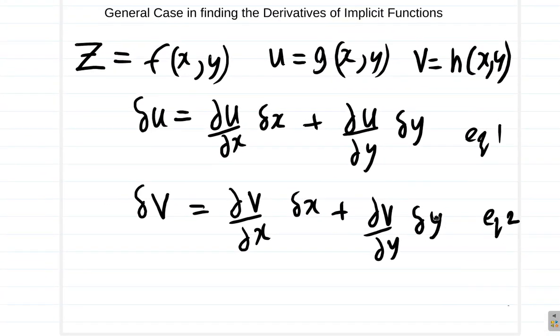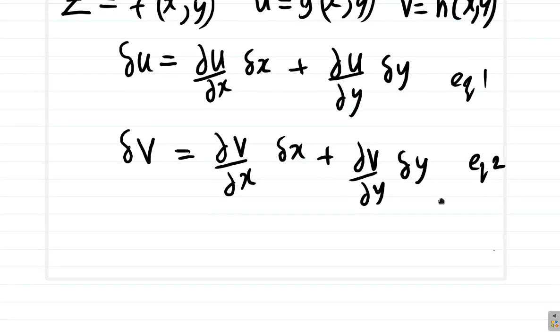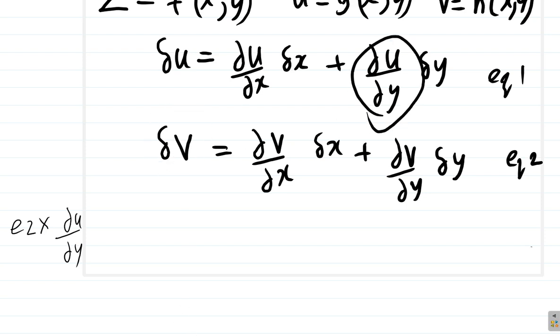Let's deal with this part now. Equation 2, let me write it here. Equation 2 will be multiplied by delta U by delta Y. Let's do that and see what happens. Delta U by delta Y, let's multiply delta V with it.